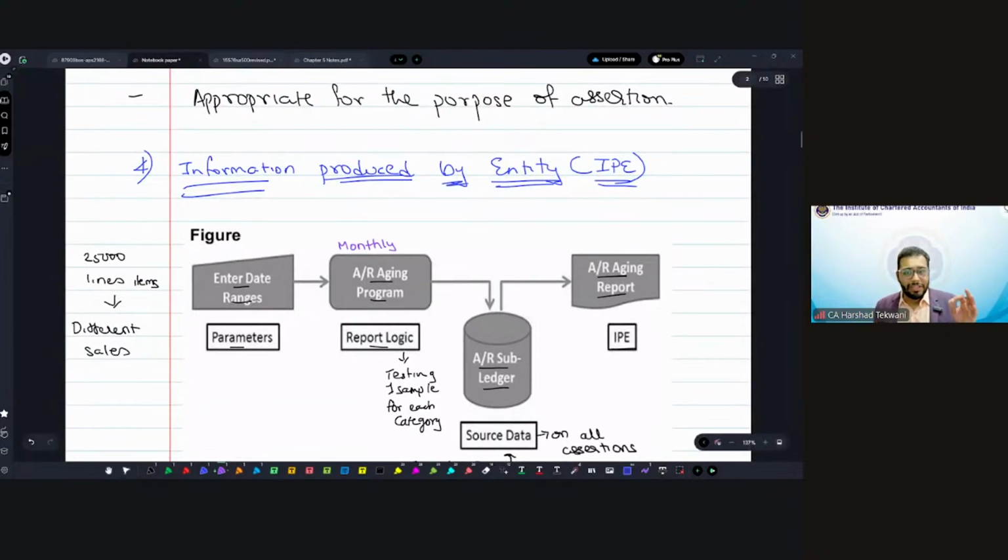Because the majority of companies, when I'm talking about listed companies, close their books on a monthly basis. These kinds of things run on a monthly basis. The quarterly reporting happens, sometimes 6 monthly reporting also happens in much more detail. Will you test one sample every month?